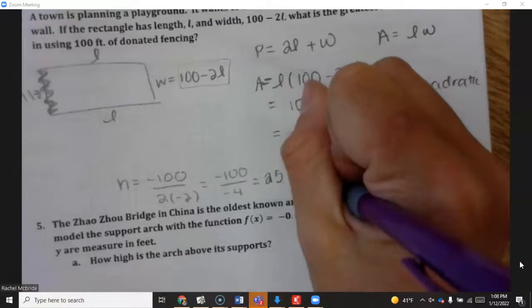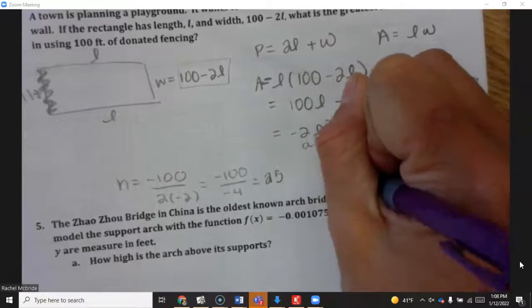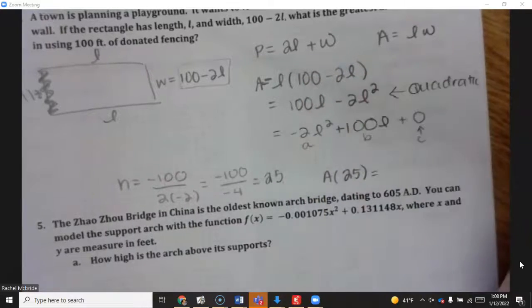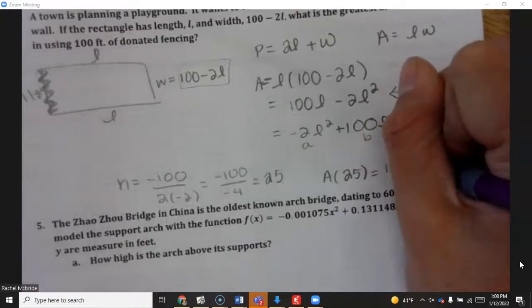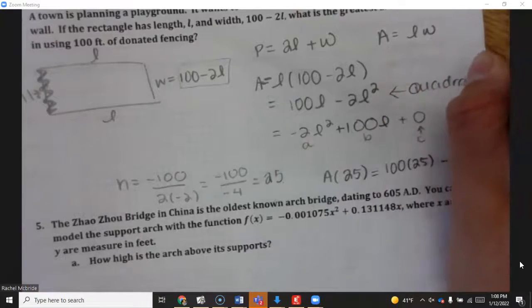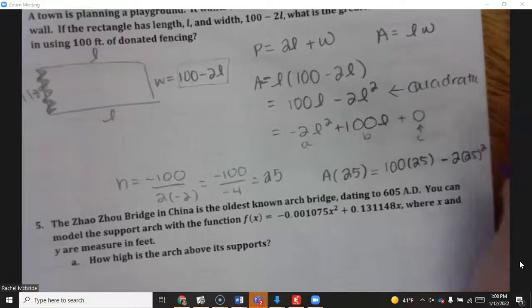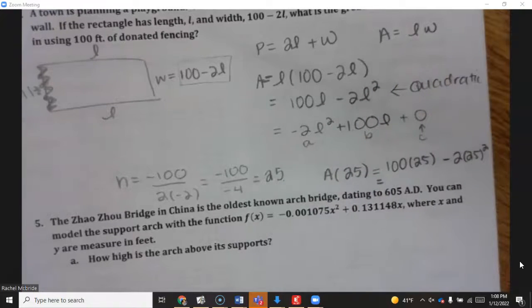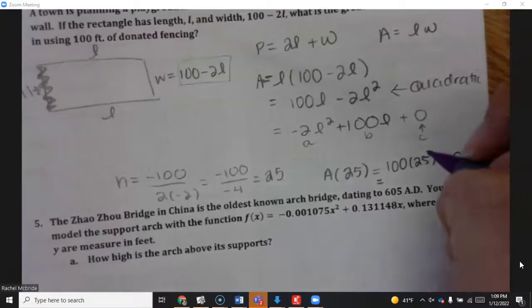So my max area would be A of 25 equaling 100 times 25 minus 2 times 25 squared. 25 squared is 625 times 2, and 25 times 100 is just going to add on my 2 zeros.